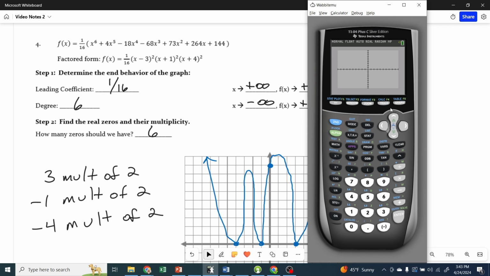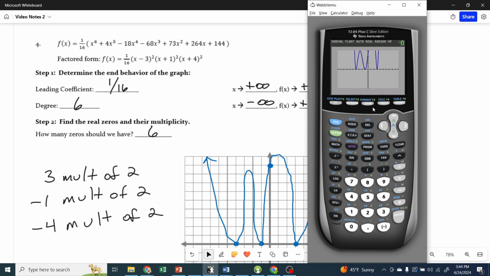So if we leave our graph alone, what do we have here? Okay, well, let's do this.